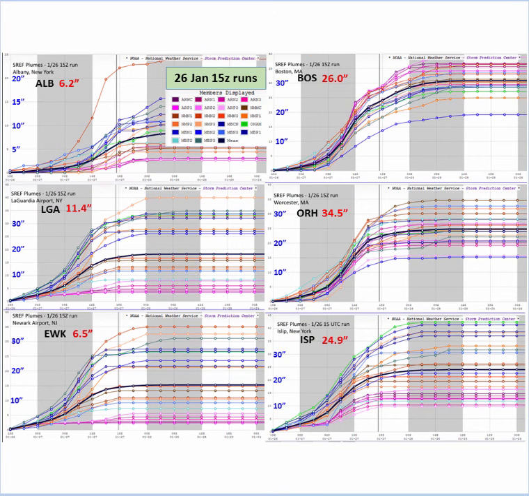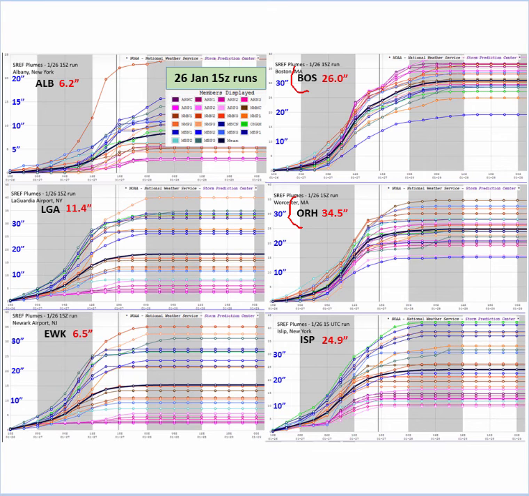Okay, here are the plumes for one day later, and now again we're really close to when the storm is about to begin. The main point here is that we still see a nice clustering, for instance here at Boston and Worcester, at some very heavy amounts, and this is where the most certainty was seen in the earlier forecast. But it's impressive how much uncertainty was still being displayed by the forecast, even though we're getting close.